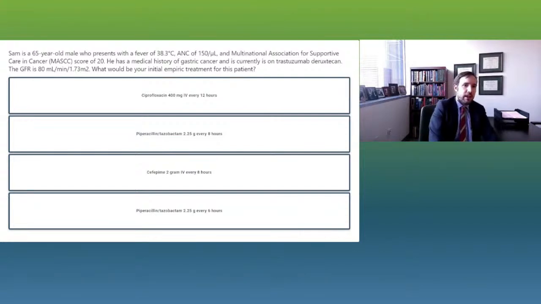Sam is a 65-year-old man presented with fever, 38.3, ANC 150, neutropenic. Yeah, this is from the beginning. Medical history, gastric cancer. He's currently on trastuzumab deruxtecan. GFR is 80. What would be your initial empiric treatment for this patient?